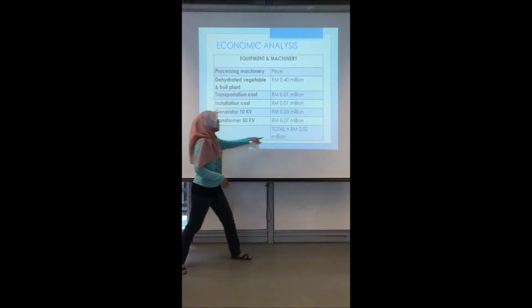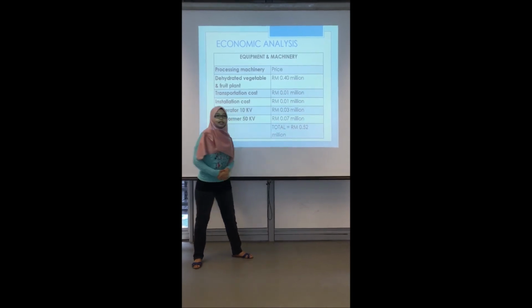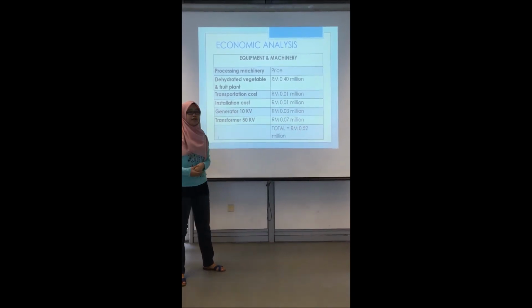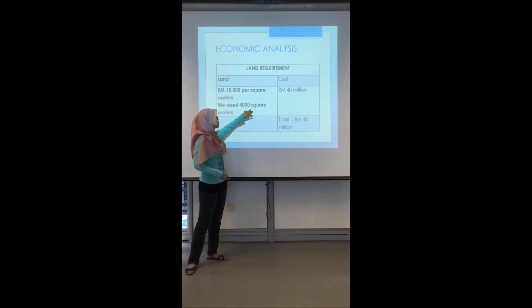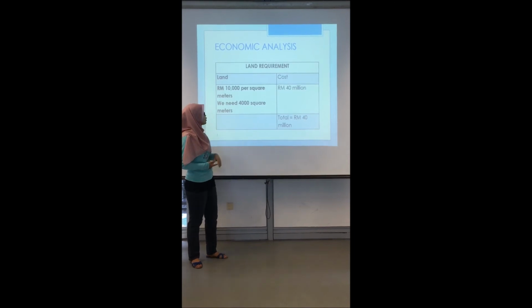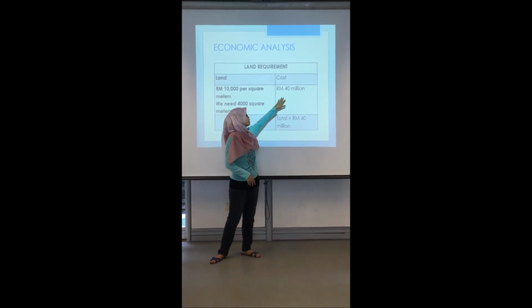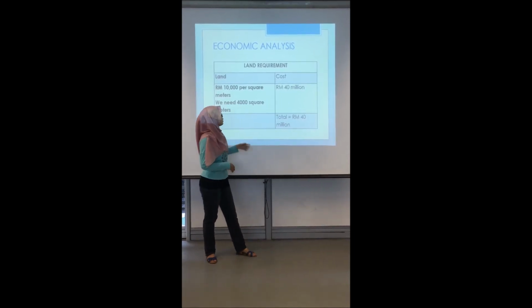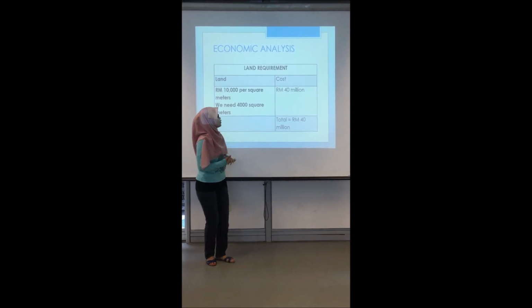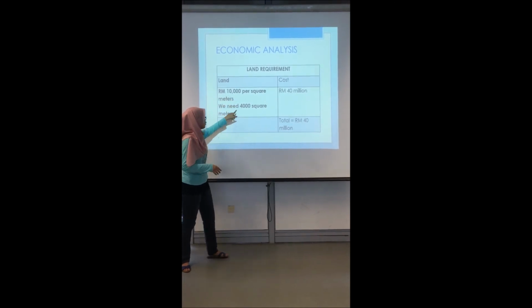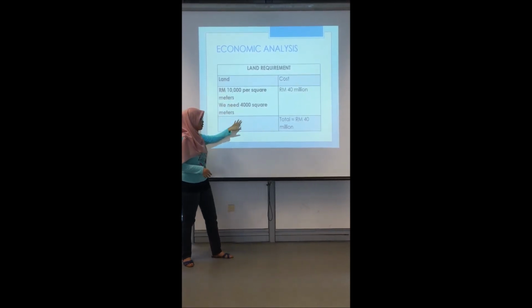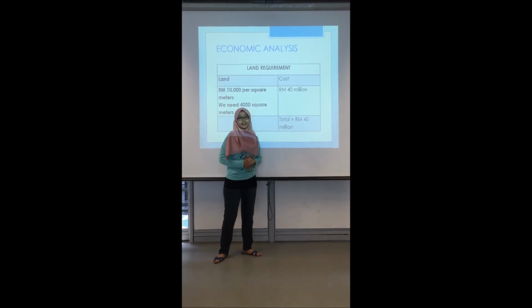We got a total of 0.52 million for the equipment and machinery. For the land, I assume 1 square meter is 10,000. So for 4,000 square meters, the total is 40 million ringgit.